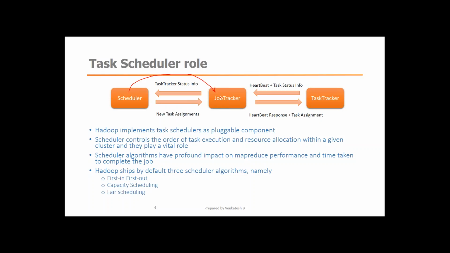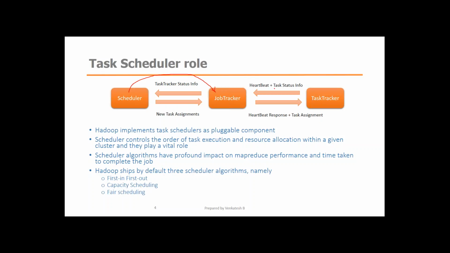Recall our name node's components: one of them was block management, and we explicitly talked a lot about block management. Similar to that, we have a scheduler here. This scheduler is well integrated into the job tracker, and the job tracker as one single entity is interacting with a set of task trackers.